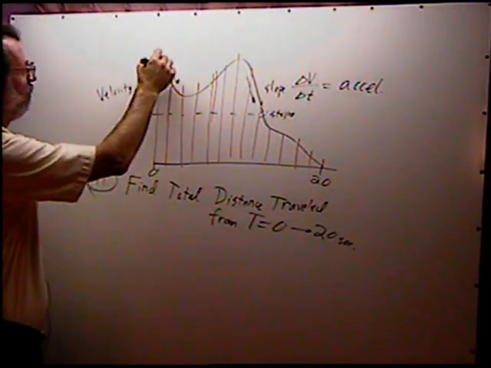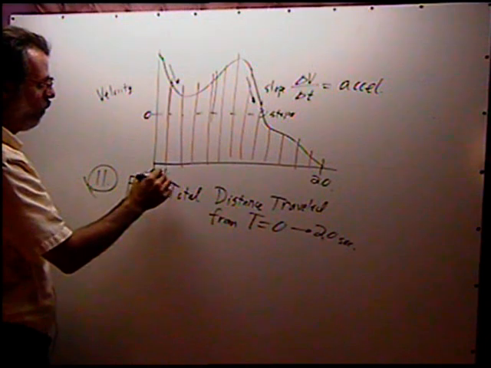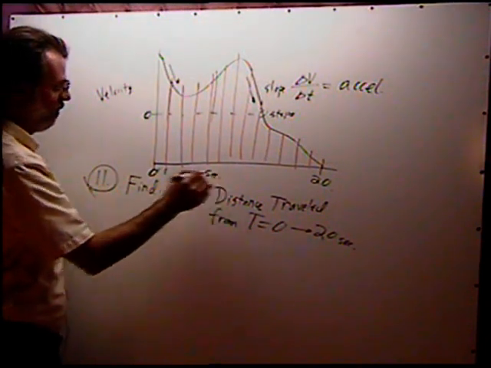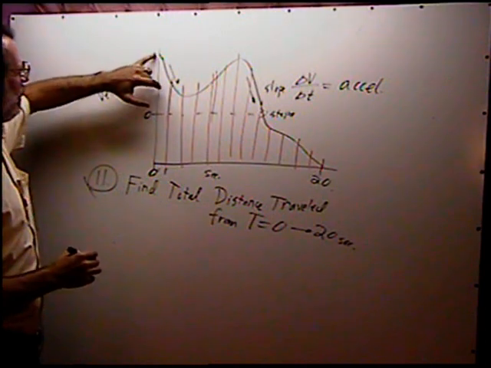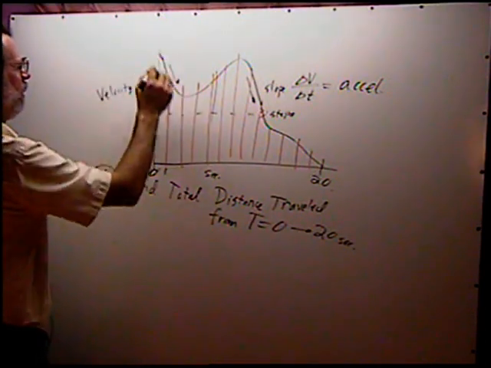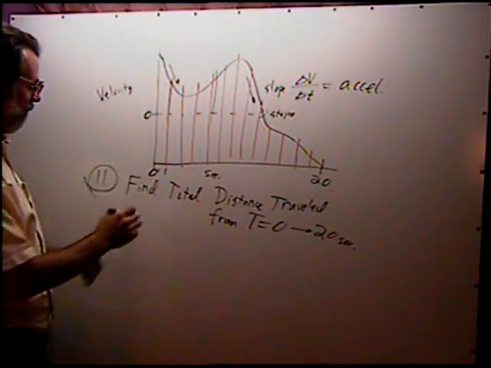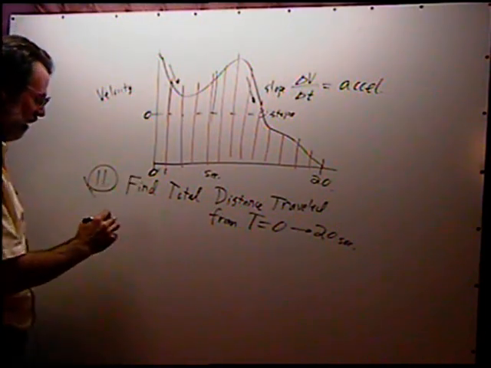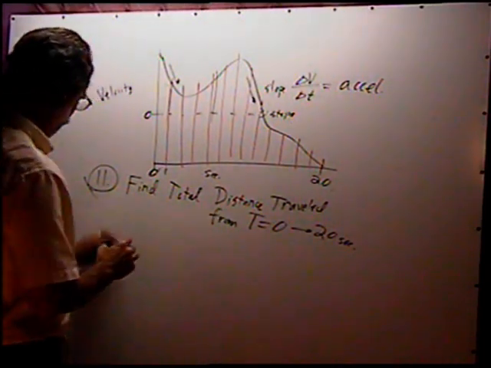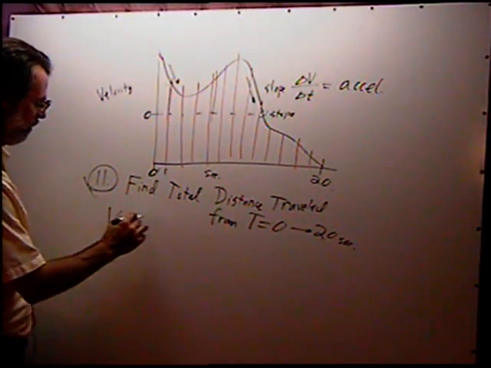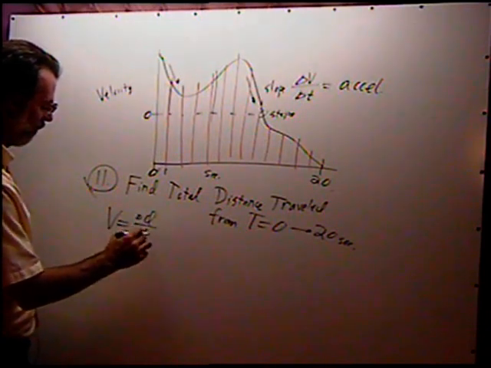Notice from here, from 0 to 1 second, what is the velocity? The velocity starts off here, it ends up here. So to know what the distance is, remember velocity is equal to distance over time.